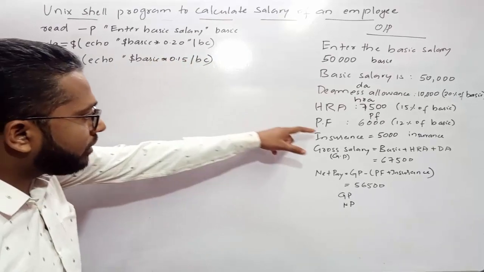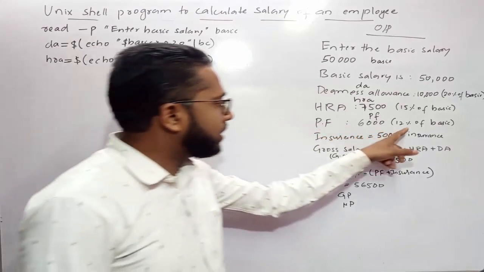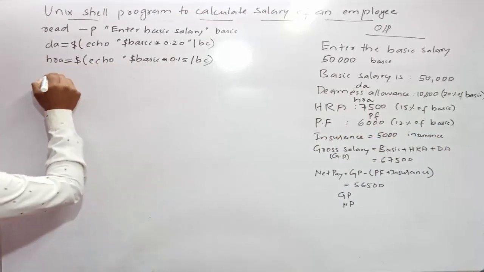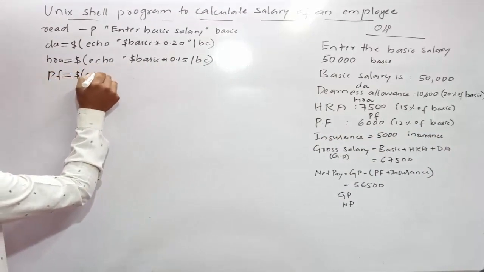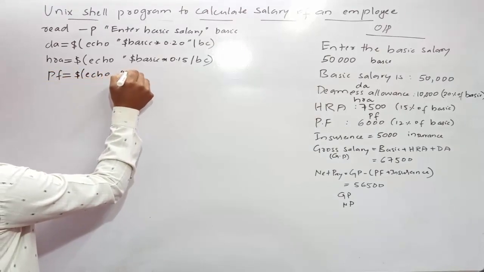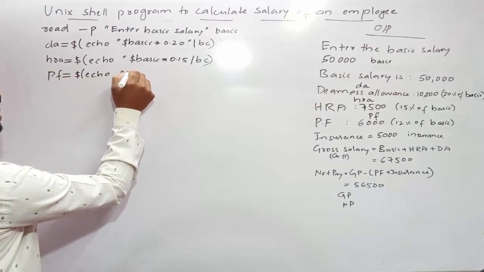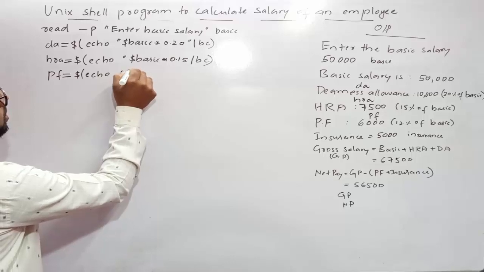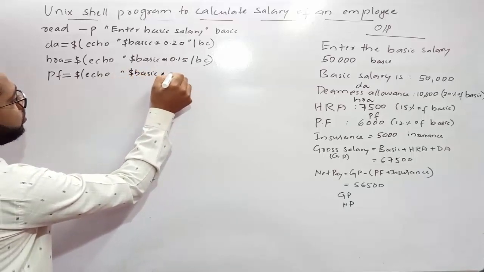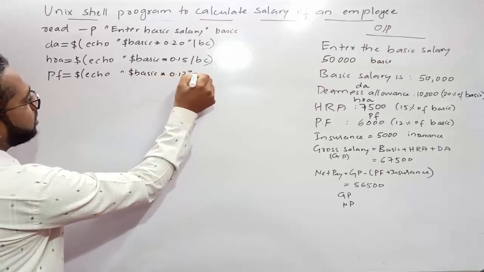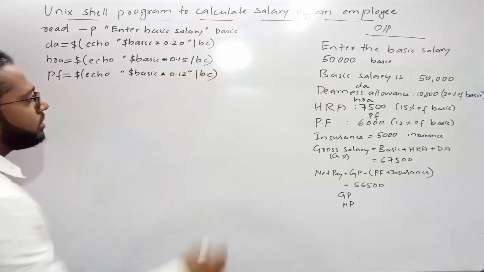Next we need to calculate the PF, and PF is 12% of basic. PF is equal to dollar echo, double quote, dollar basic into 0.12 pipe BC.